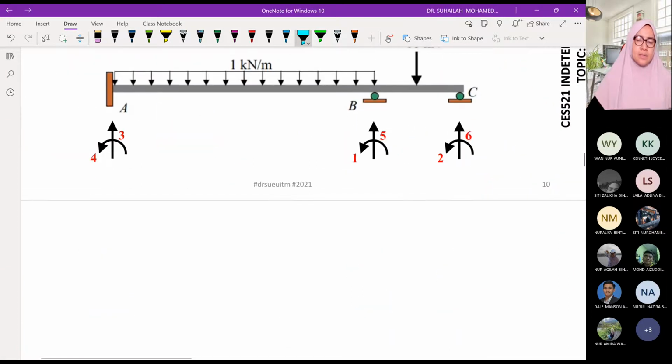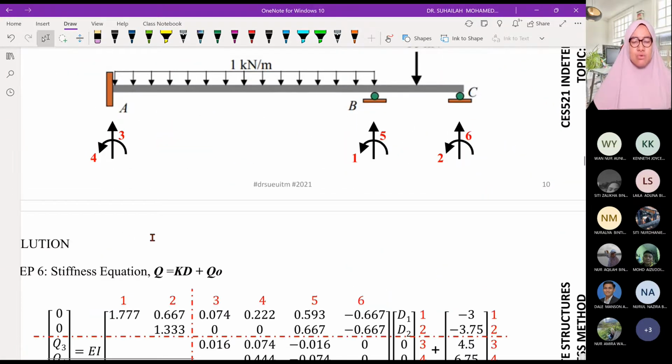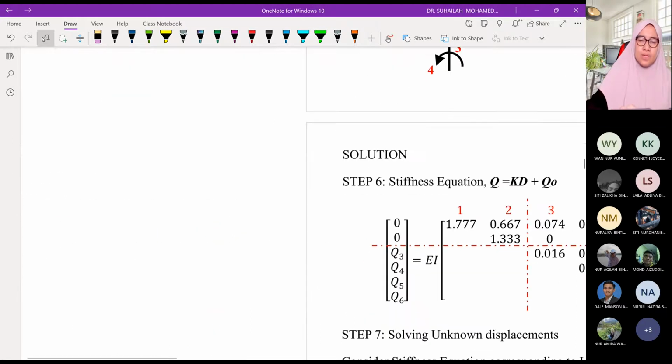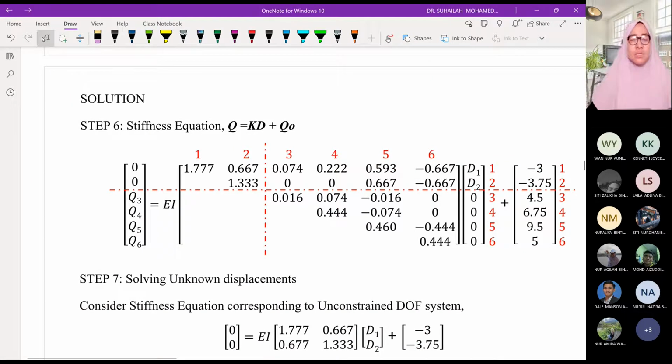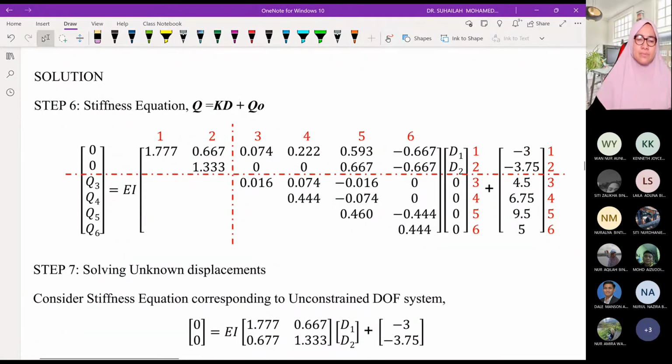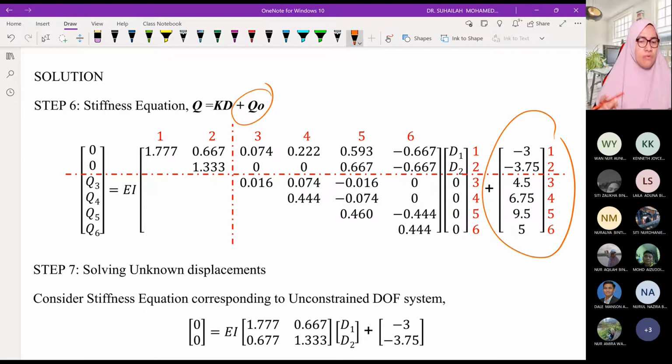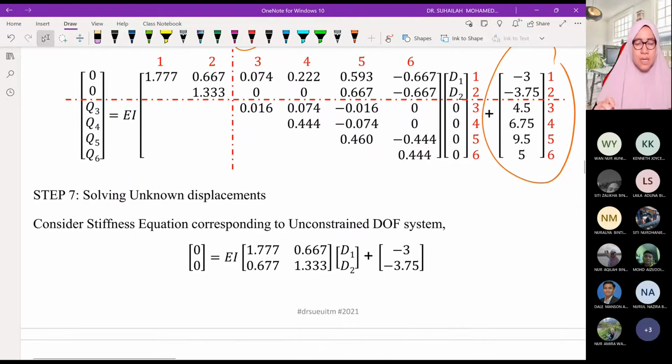Then substitute into the equation. It is the stiffness equation or force displacement equation. Okay, force displacement equation. It is plus Q naught. So we write it like this. Okay, and then to solve, we have to rearrange back.